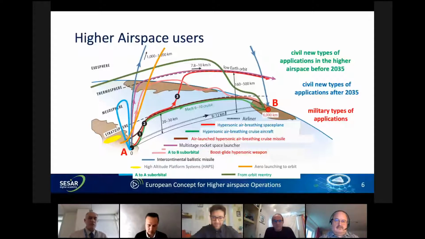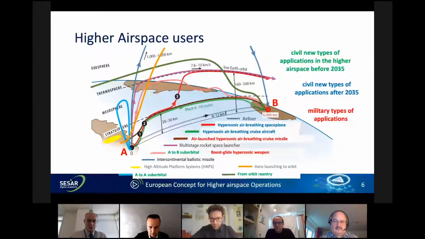So this is the first identification of the main higher airspace users that we have collected from now. I will not enter in the detail of all of them, but you can understand that in fact some of them are, as I said, more or less local, very low, and standing for a long time. Some of them, like the one we just have seen, like the A2A suborbital vehicles, do have exactly the same type of flight profile as weapons, as hypersonic weapons.